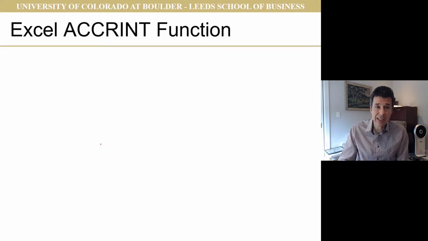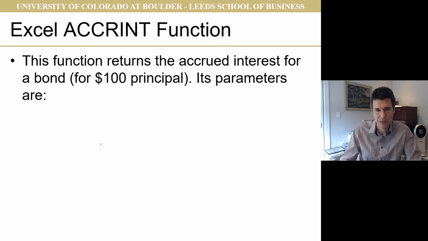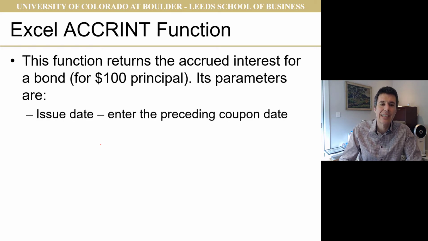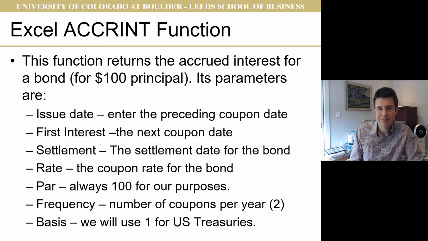Now, Excel has a function, ACCRINT, which will do this calculation for you, but it has a slightly weird first two parameters. So the first two parameters in this are issue date and first interest. These are misleading names.